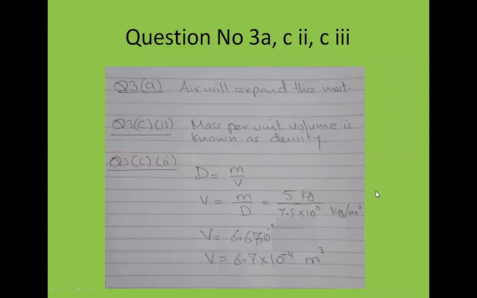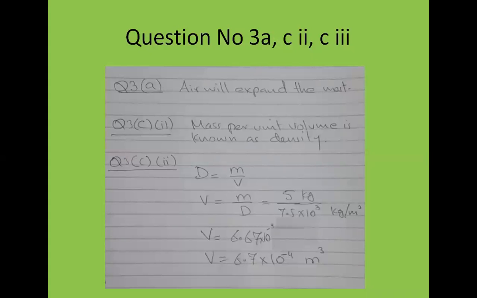So question number 3A part, air will expand the most. Question number 3C, first part: mass per unit volume is known as density. You can write the formula also, that density is equal to mass divided by volume. The second part, he says density is equal to mass divided by volume, so volume will be mass divided by density.